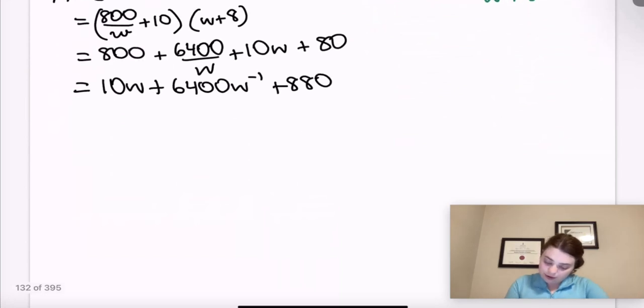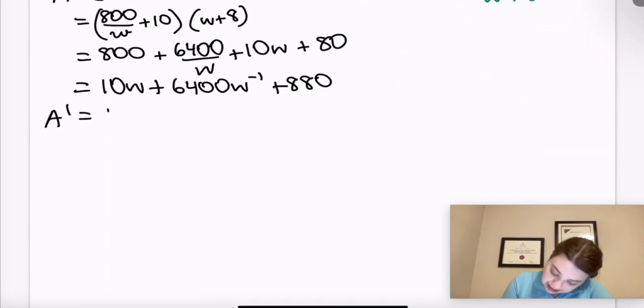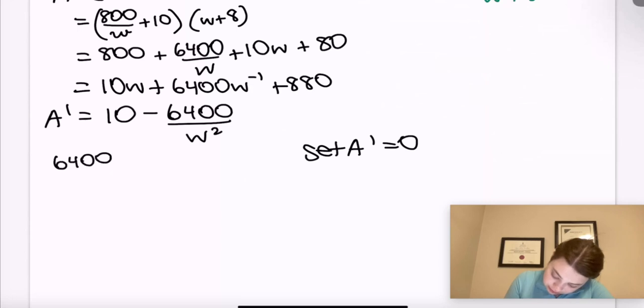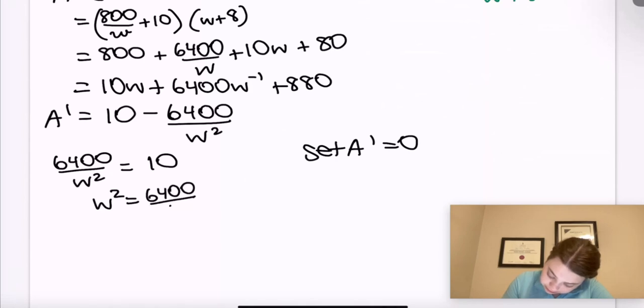Okay, so therefore, the derivative, just using the power rule, would be 10 minus 6400 over W squared. If I set that derivative to 0, I get that 6400 over W squared is equal to 10, which means that W squared is equal to 6400 over 10.